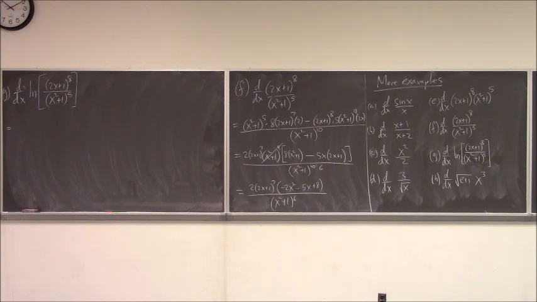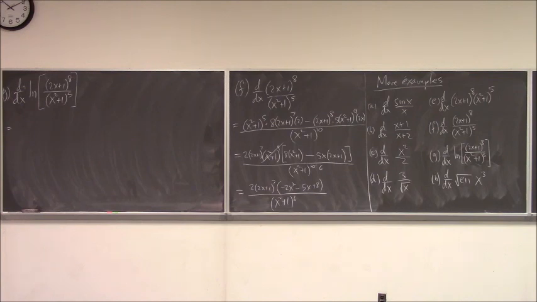Do you see another way than just brute forcing the quotient rule and putting that all over that? You flip them, and then find u prime. How would you flip it?